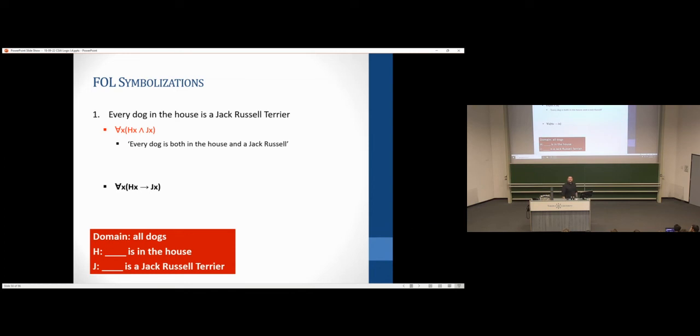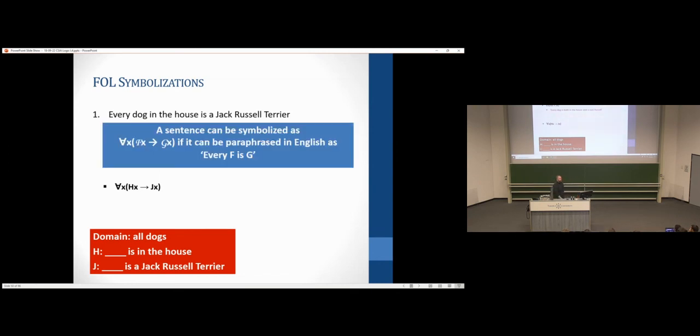So it's like this. For all x, Hx conditional Jx. Again, why? This tells us, for everything, if it's in the house, it's one of these. Whereas this tells us everything is both in the house and a Jack Russell. So here's the general lesson.